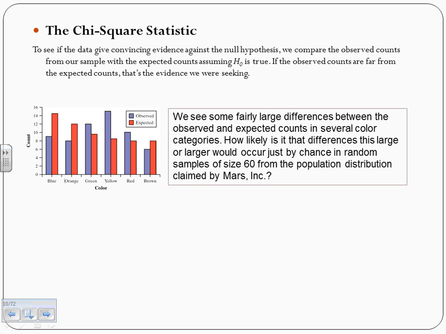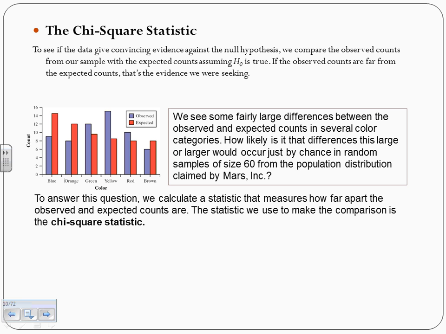We see some fairly large differences between the observed and expected counts in several color categories. How likely is it that differences this large or larger would occur just by chance in random samples of size 60 from the population distribution claimed by Mars? To answer this question, we calculate a statistic that measures how far apart the observed and the expected counts are. This is called the chi-square statistic.